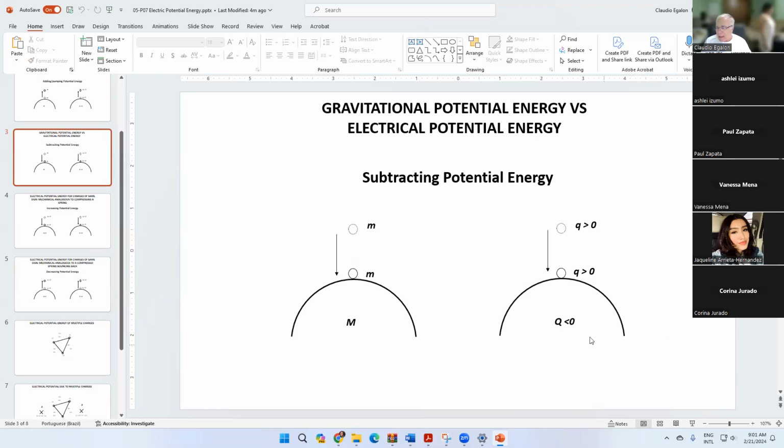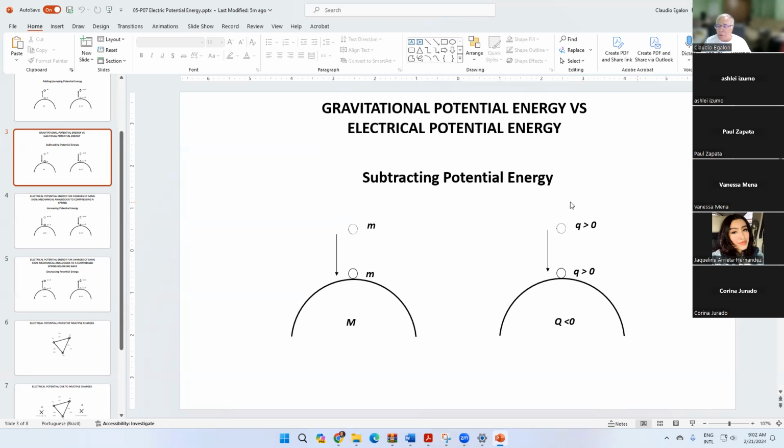But the difference is that we must have a negative electric charge and an electric charge that's positive. These two charges tend to attract each other. So when I raise this positive charge away from the negative charge, it is going to gain electric potential energy. Once I release it, it's going to move towards the larger charge.